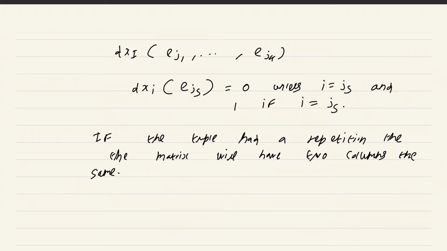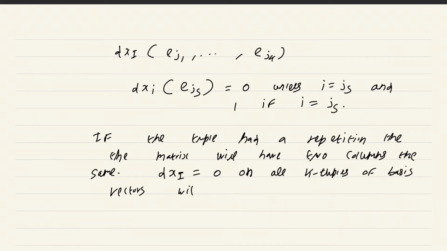That means dxI will be 0 on all k tuples of basis vectors with repetition.